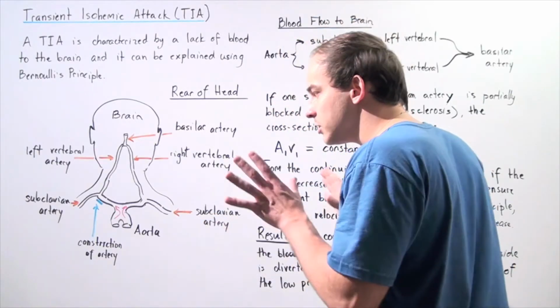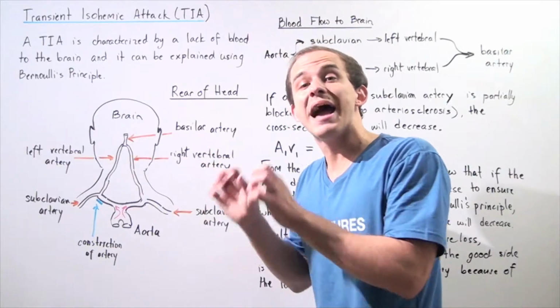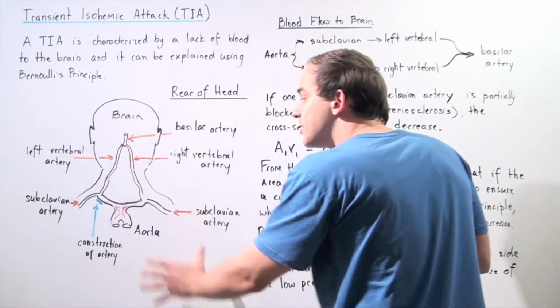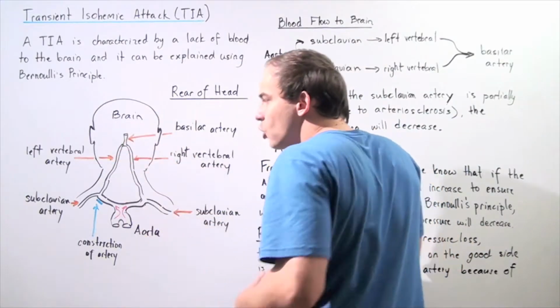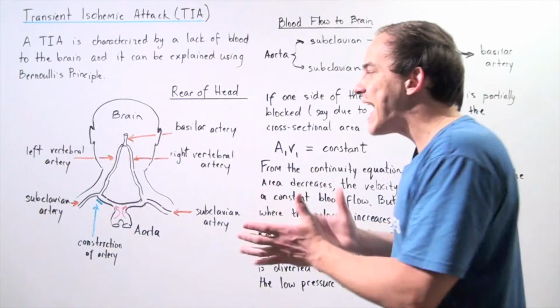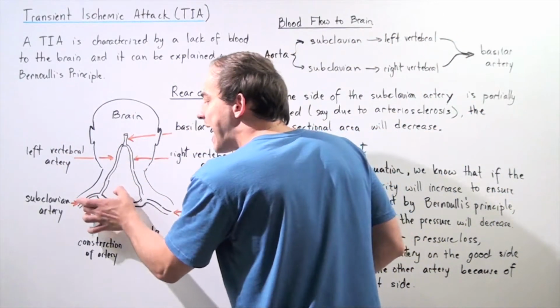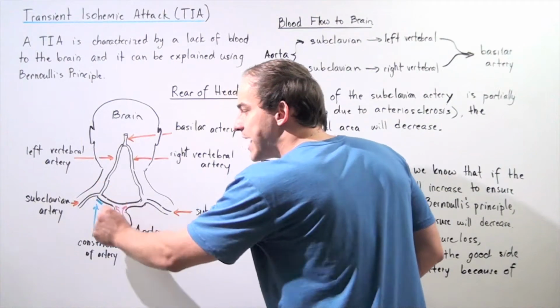So that means, let's suppose this side where we have our blockage is the bad side of the body, and this side is the good side. So notice on the good side, we still have the same exact blood pressure as before, but now on the bad side, we have a lower blood pressure in this intersection area.